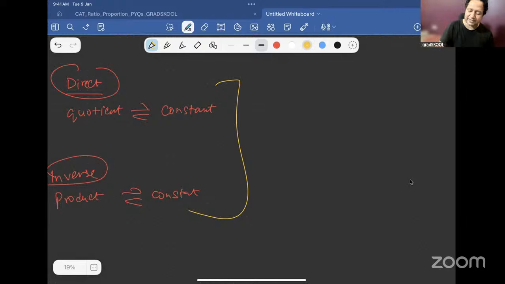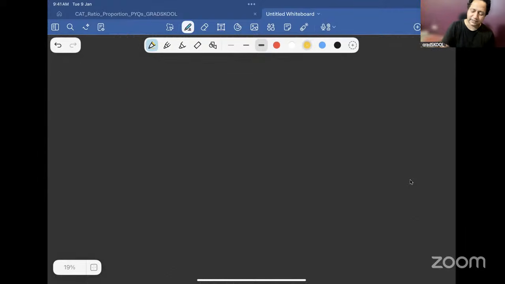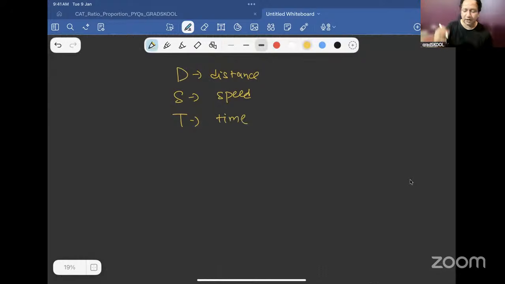So let's deal with a few variables. There is a variable called distance. And now you will understand when I said that some variables can become constants. Then we have speed. And then we have time. All right. Now I want to develop a formula. So what do I need? I just need basic knowledge of what is distance, what is speed, what is time.